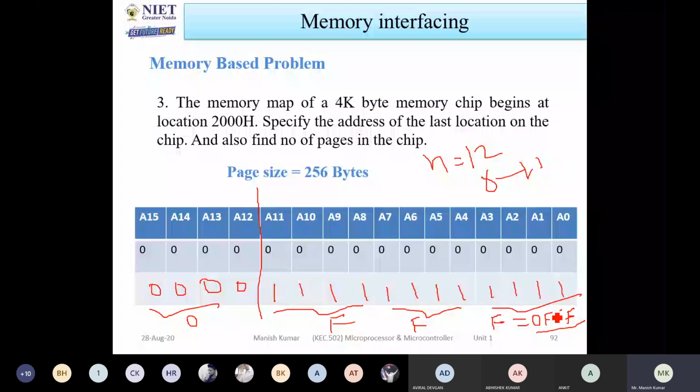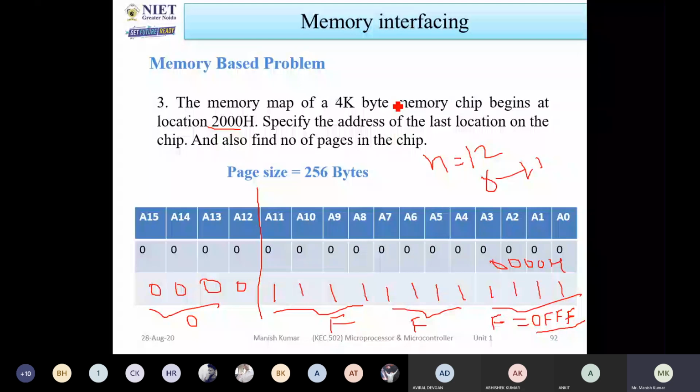Correct? What is the starting location? The starting location is 000H. But the question is telling that the starting location is 200H. So what is the last location? What will you do?